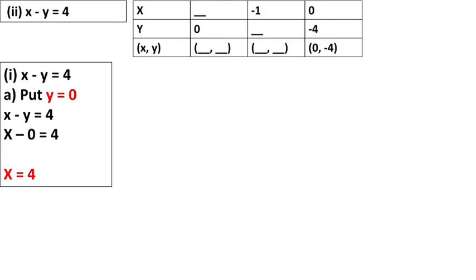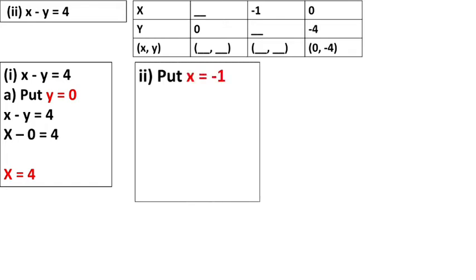The second one: it is given that the x value is minus 1, and we have to find the y value. The (x, y) value is not given. The equation is x minus y equal to 4. Substitute the x value minus 1. In the place of x we write minus 1, minus y equal to 4.